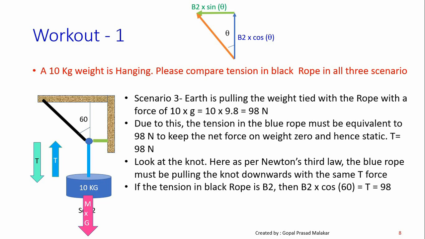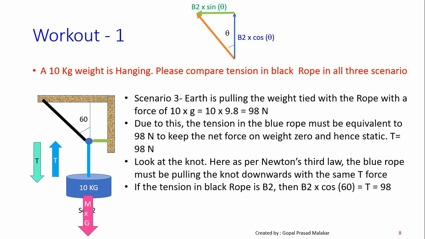So in this case, if the tension in this particular black cable is B2, then B2 cos theta has to be equal to 98, and B2 sin theta will be the force in this direction. So what is B2 cos 60? Here the angle is 60 degrees, so B2 into cos 60 equal to 98, cos 60 is half, so that gives you B2 equal to 196 Newton.